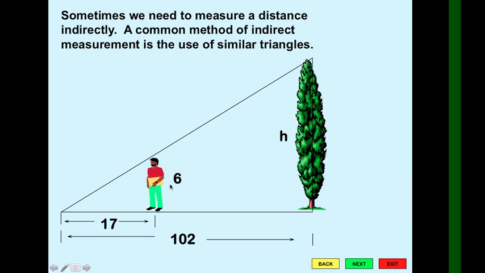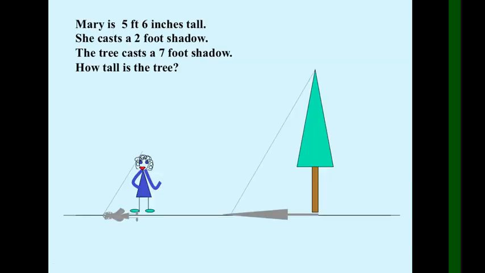So pwede nating isolve yan using proportion. So we have 6 and h are both sides that are similar, and 17 and 102 are both sides that are similar. So we have 17 over 102 equals 6 over h, cross multiply, 17h and 6 times 102. The product of this will be divided by 17. Ang makukuha mo is 36 equals h. So the height of the tree is 36 units.